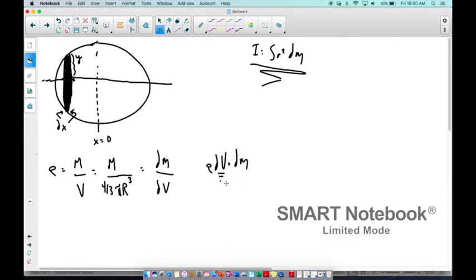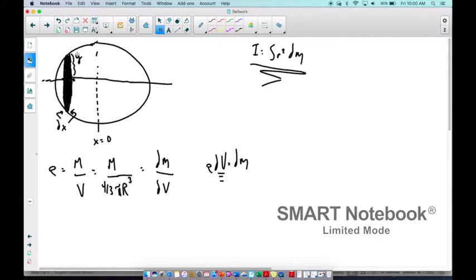Then I might be interested in putting my dv in terms of something else, because ultimately I'm trying to get just one variable that I can integrate with respect to. So dv will be the little tiny volume of this thin disk. Well, it's area times width, right? That gives you volume. What's the area of the disk?